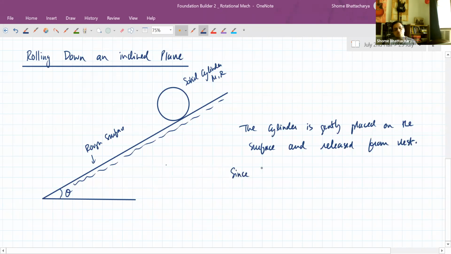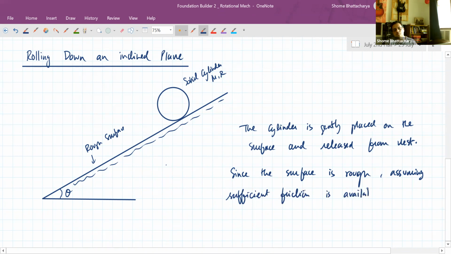So since the surface is rough, assuming sufficient friction is available to prevent slipping, the cylinder will roll down the moment it is released.